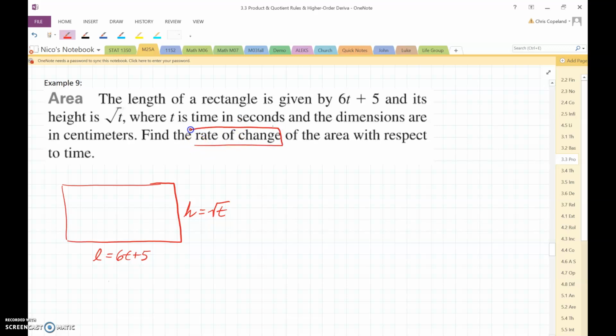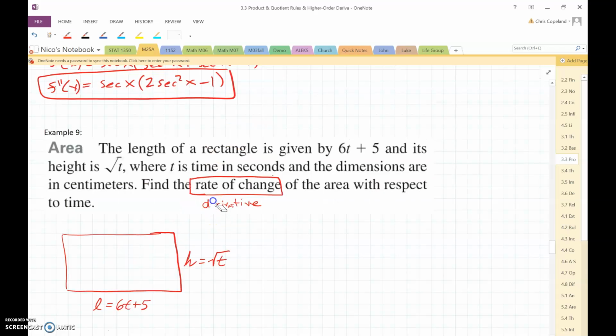So anytime you see rate of change, that's talking about derivative. Okay, and we want to find the rate of change of the area with respect to time.